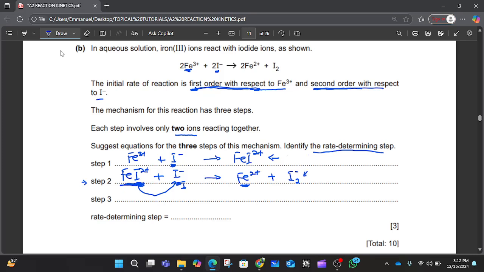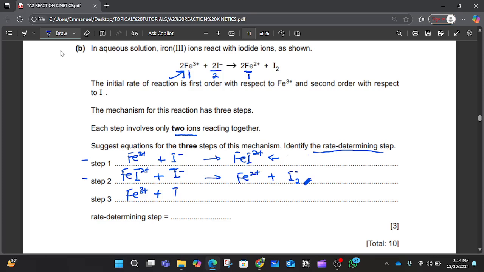From the 2 reaction steps so far, we have used only 1 mole of Fe3+, and we have used all the 2 moles of I-, and we have formed only 1 mole of Fe2+. It means that we have to use the second mole of this in the next step. And so that is going to be Fe3+. Notice that this is an intermediate formed in the second step, and this intermediate must be consumed in the subsequent step.